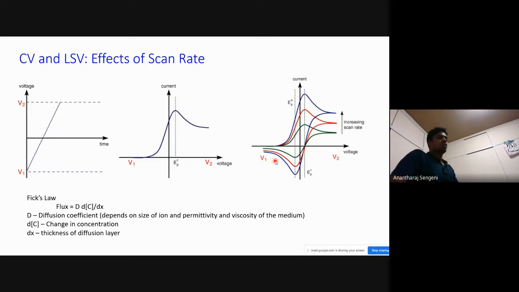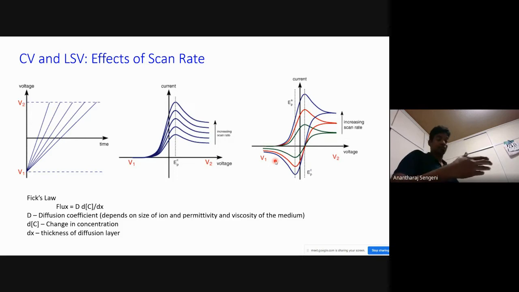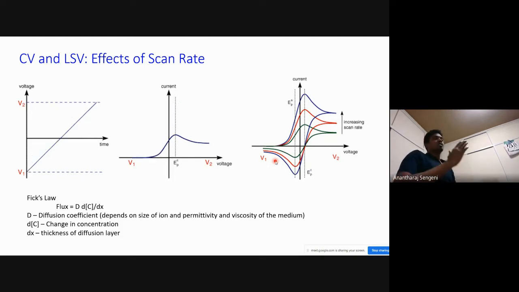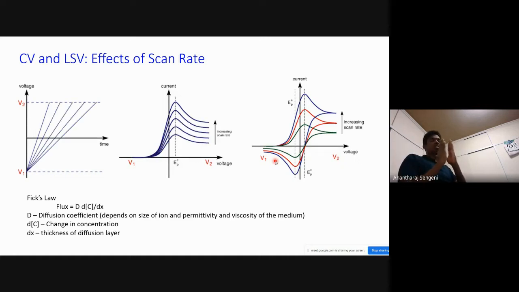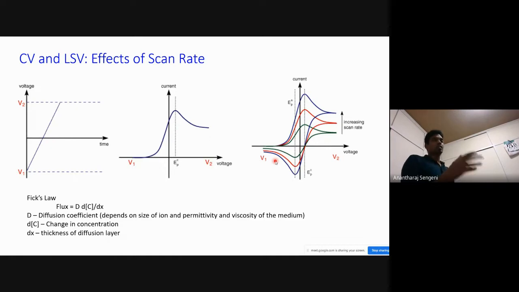Once you insert an electrode into an electrolyte solution, a double layer forms instantaneously, and because of it there is a potential difference across the electrode-electrolyte interface. That potential difference is the open circuit potential of the half cell in which we are monitoring the reaction of interest.